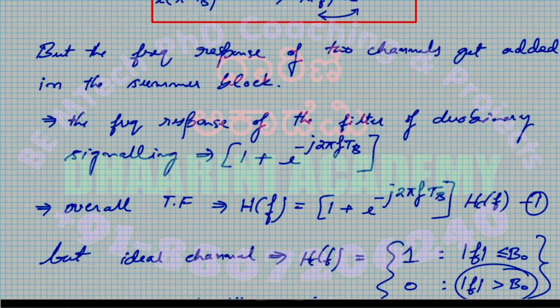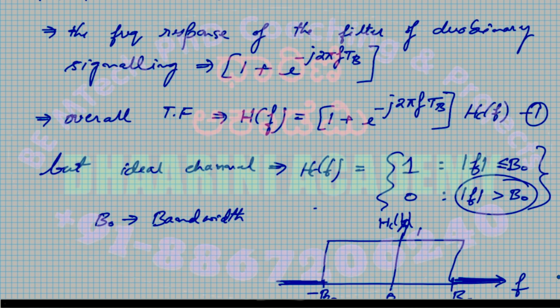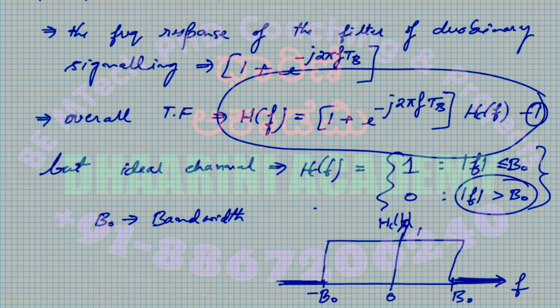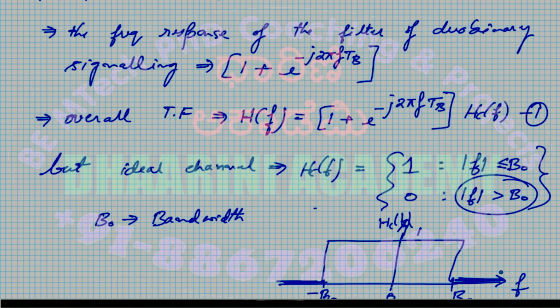And since this block is followed by the ideal channel denoted by Hc of f, we can take the total response in the following format, because in the frequency domain it is a product. So we call it equation number 1.